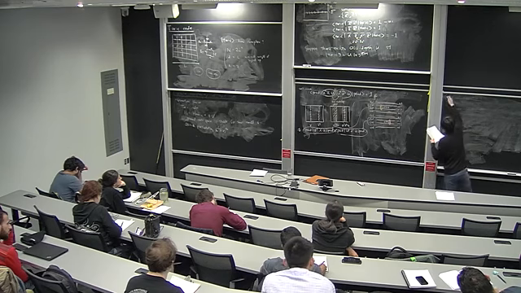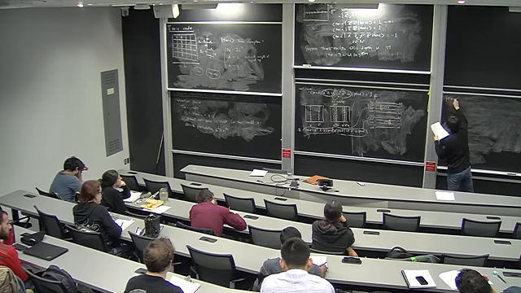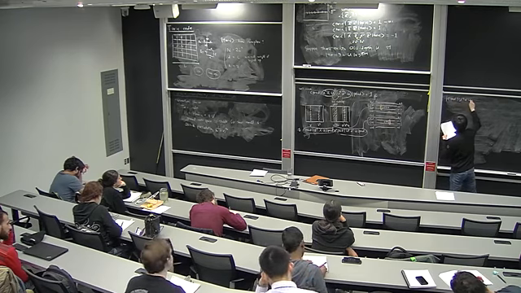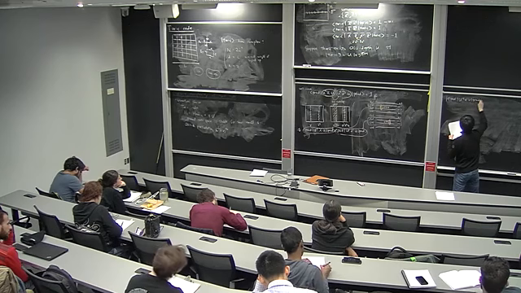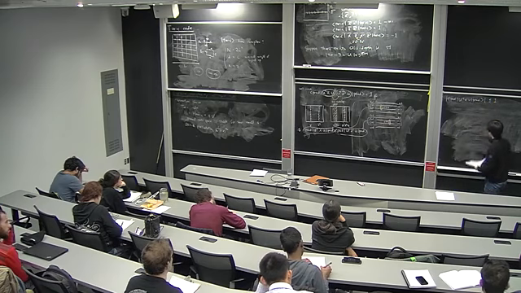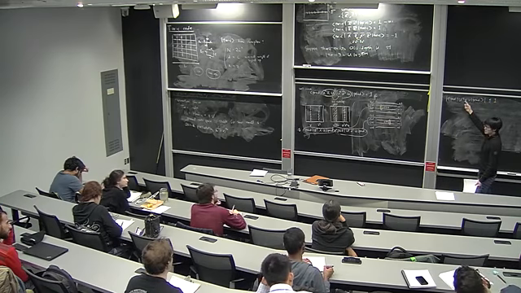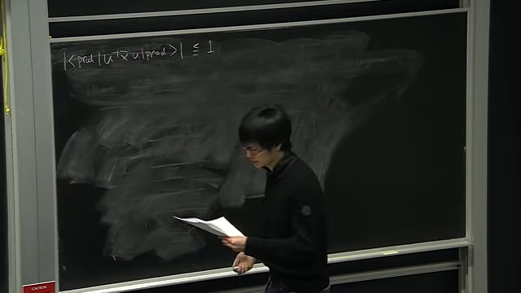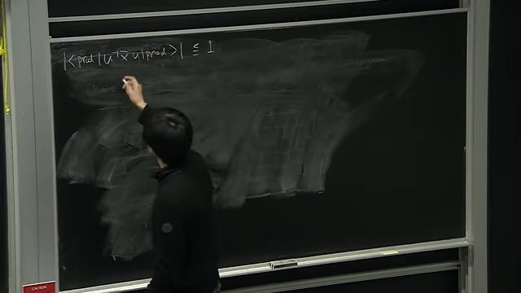But if we think about the norm of this object, then this must be smaller than or equal to 1. Because, well, this x is just, oh, I need a bar, but x is just a bunch of Pauli operators with eigenvalue plus or minus 1.